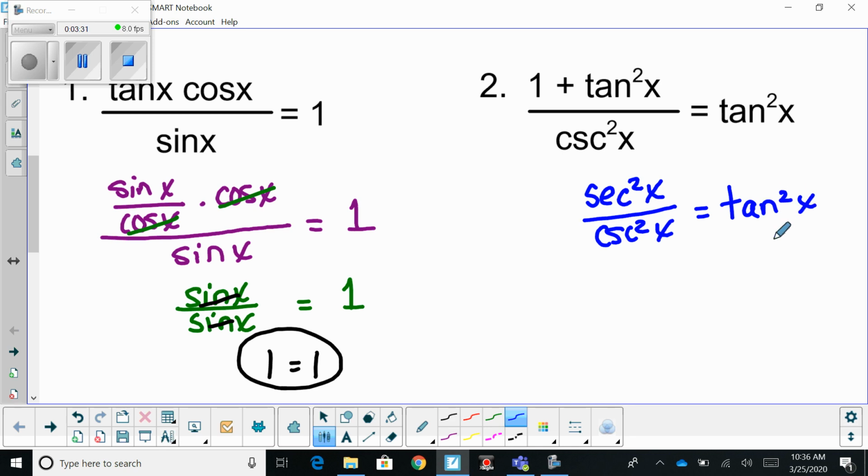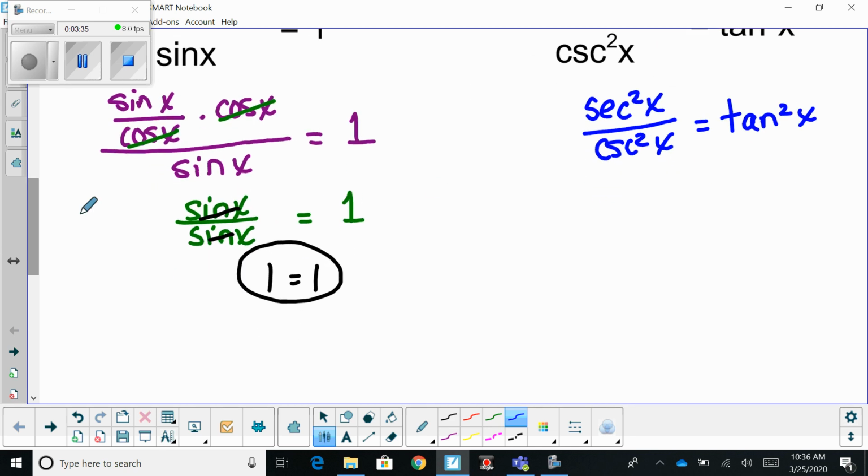I forgot to say, obviously, I'm simplifying the left side because it's more complex. Secant squared is 1 over cosine squared, so the numerator can be written as such, and the cosecant squared is 1 over sine squared.